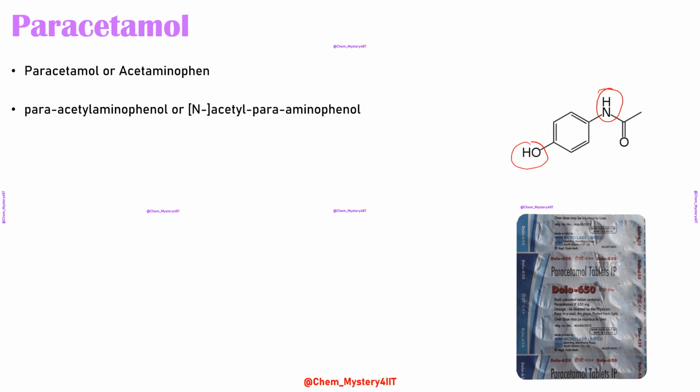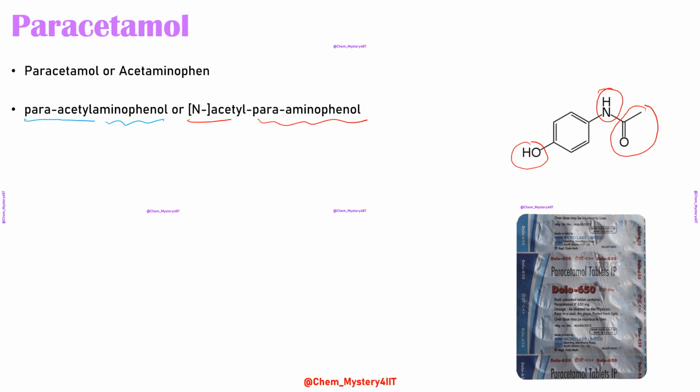But when we put this COCH3 group on the nitrogen, it becomes N-acetyl para-aminophenol. We could also say this alternatively as para-N-acetyl or para-acetyl aminophenol. We are considering phenol to be the primary group, and NH2 is the subsidiary group. On NH2 the COCH3 group comes, with one hydrogen being lost. That is what paracetamol is.